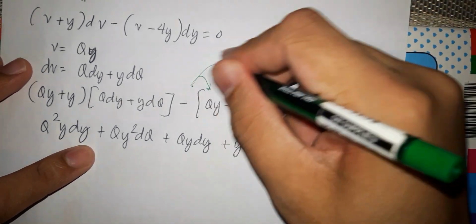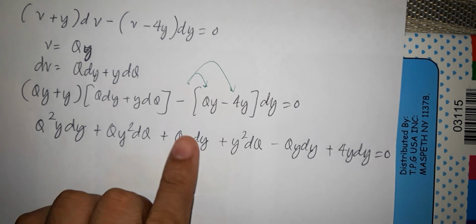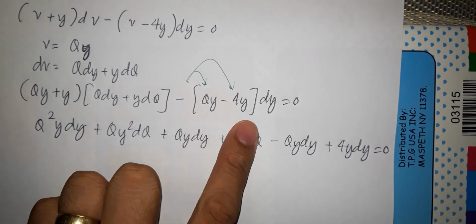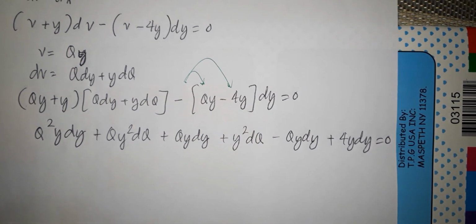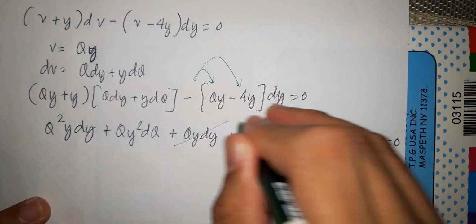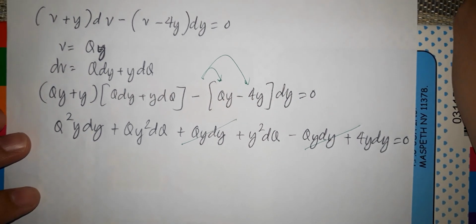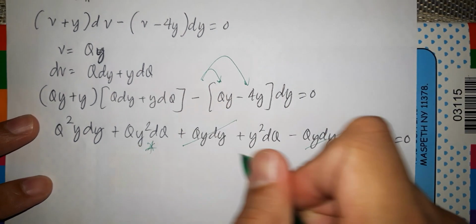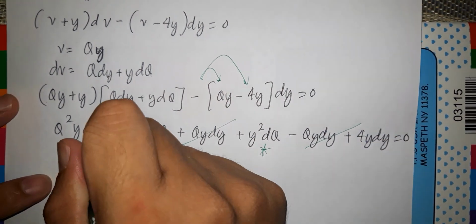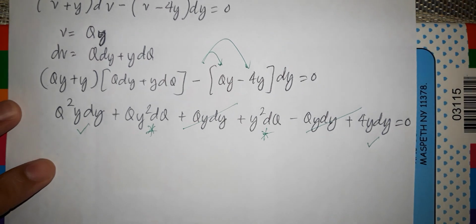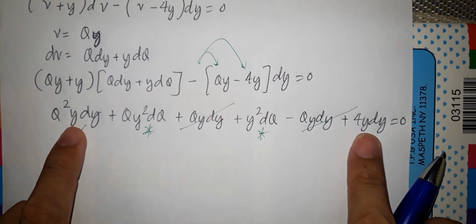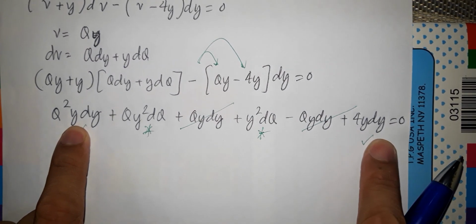Distributing this there. So that's negative qy dy and then plus 4y dy is equal to 0. Qy dy cancels out with minus qy dy. So combining all like terms, let's put an asterisk with dq. Let's put a check dun sa may dy. So para sa dy, meron tayong common factor na y dy.